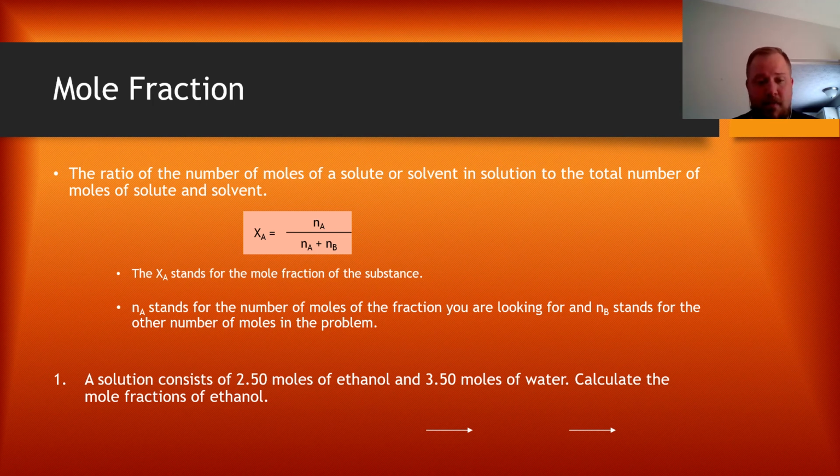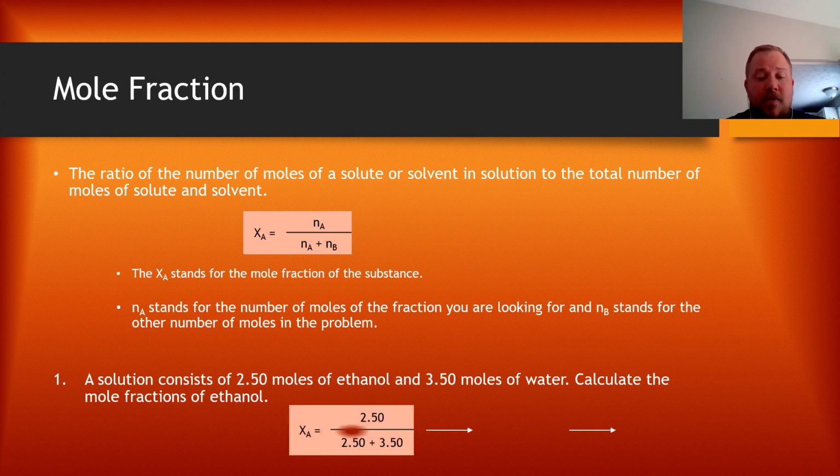The problem says the solution consists of 2.5 moles of ethanol and 3.5 moles of water. Calculate the mole fraction of ethanol. In this case, we're looking for ethanol, so we're going to call that XA, and the number of moles for it, Na. So the 2.5 moles of ethanol is going to be Na, and the 3.5 moles of water is going to be Nb.